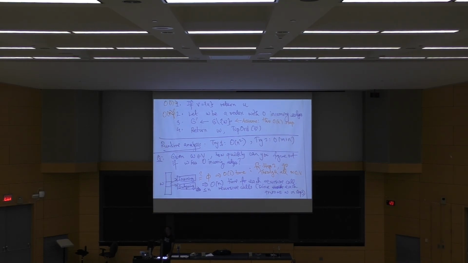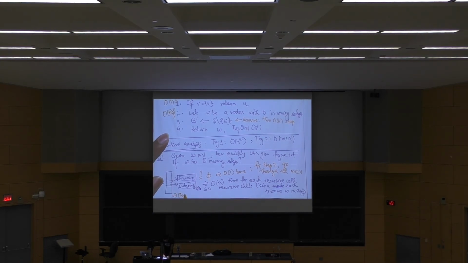Because in step 3, you're throwing away the vertex W that you're choosing. So overall the runtime is n times O of n, which is O of n squared.